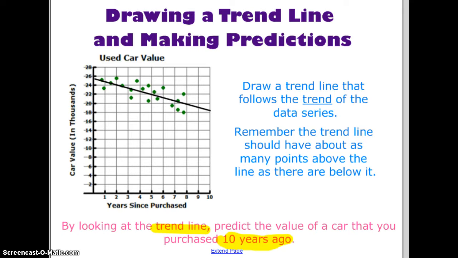By looking at the trend line, you can predict the value of a car that was purchased 10 years ago. A car purchased 10 years ago is roughly worth, I would say, maybe $11,000 to $12,000.